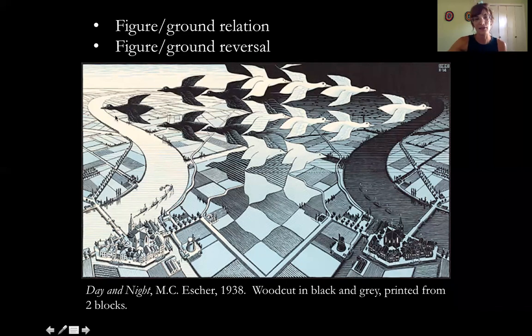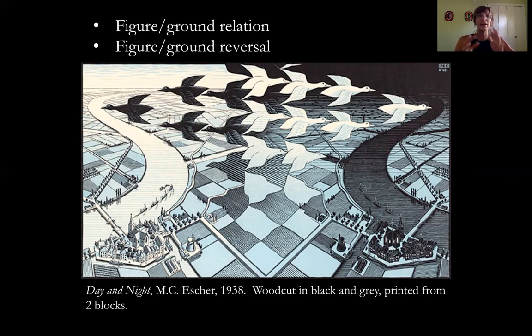So in this side of the painting, the black ducks, birds that you see flying, those are positive, right? That's the positive, and then all the white surrounding them is the negative space. Well, if you move to this side of the painting, those negative spaces become the positive space, right? Those ground spaces become the figure.